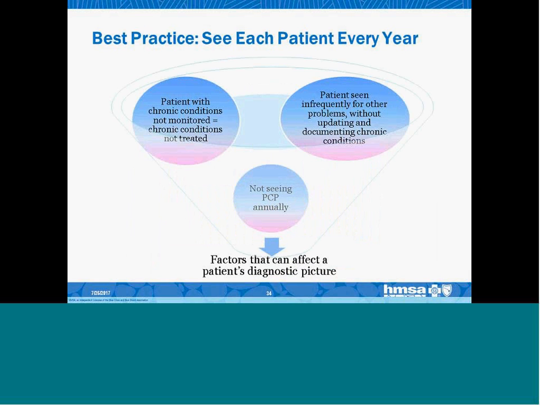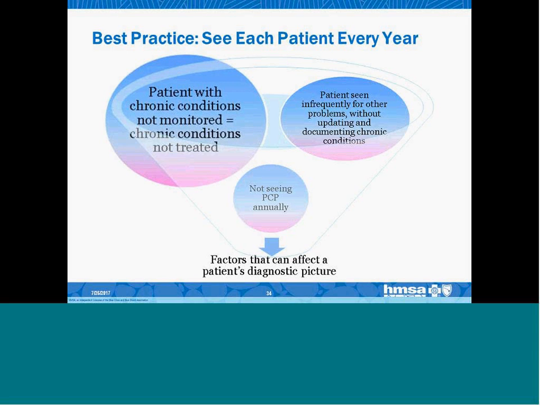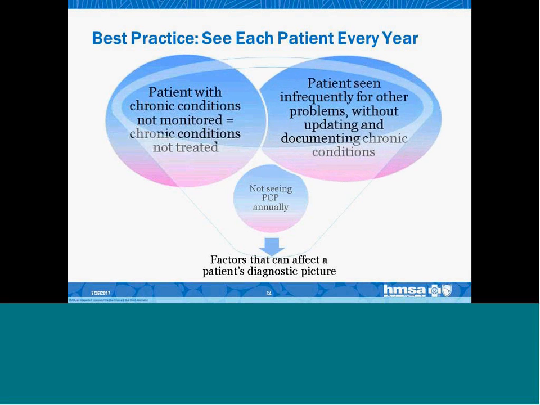There are several factors that can have a negative impact on a patient's risk score. You may have patients with chronic conditions who don't see their PCP regularly to monitor or treat those conditions, or you may have some patients who you've seen for their chronic conditions but don't come and follow up with you on a regular basis.